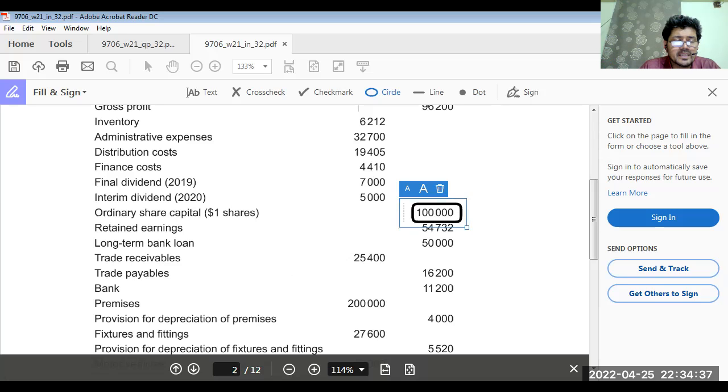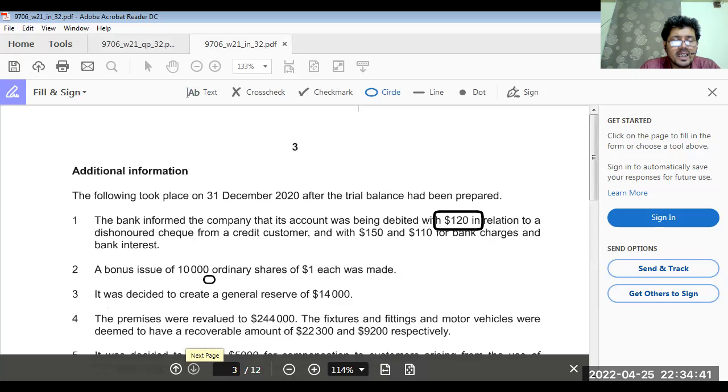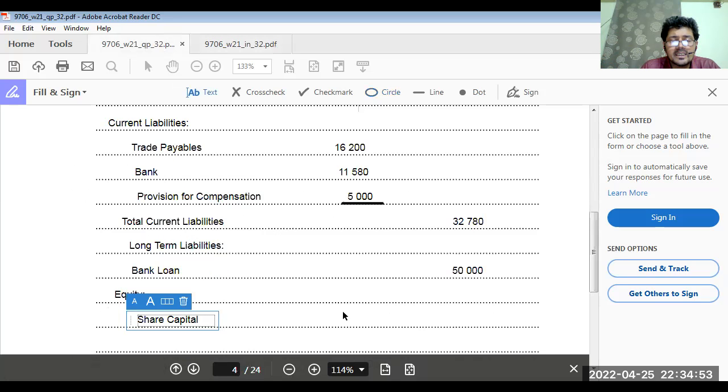We have given some bonus issue as well. So 100,000 plus 110,000. So shareholders' equity, share capital, we'll report it over here, sorry, 110,000. Done?